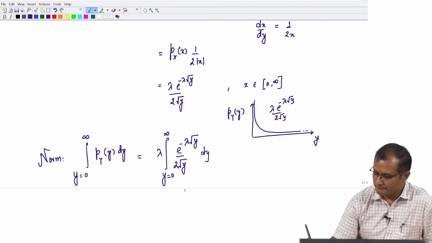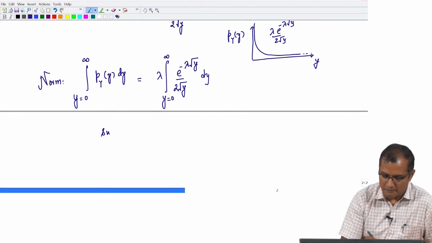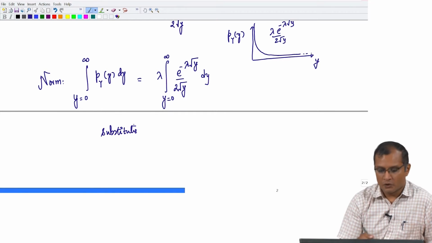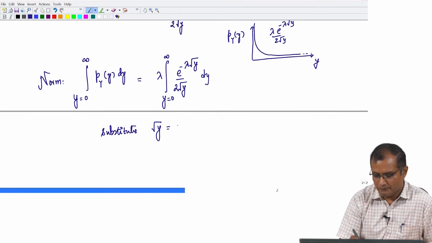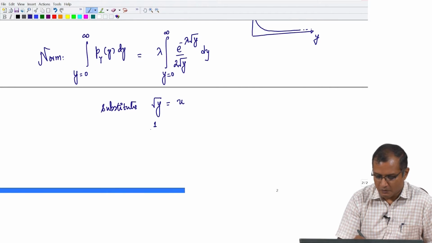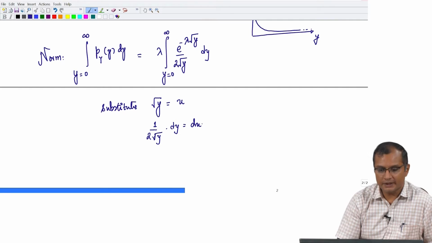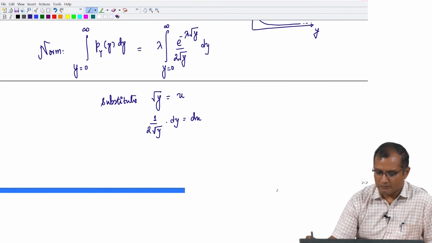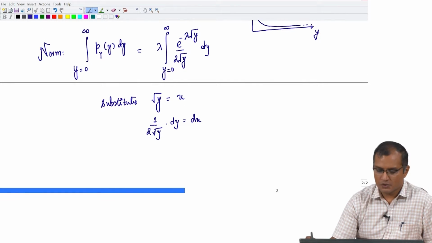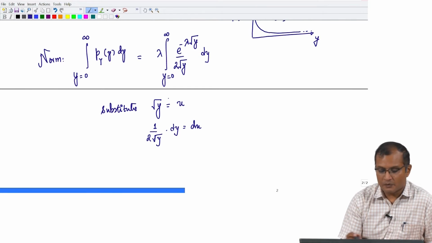If I substitute square root of y as u, then I can just write down this 1 upon 2 square root of y dy as du. And the limits will transform from 0 to infinity to 0 to infinity, because that is the relationship square root y equals u.